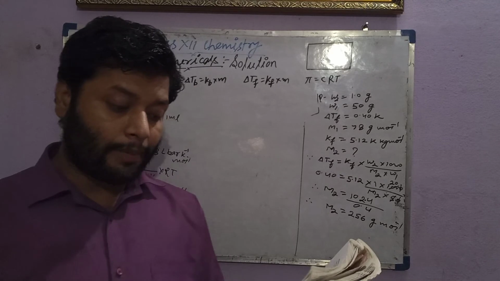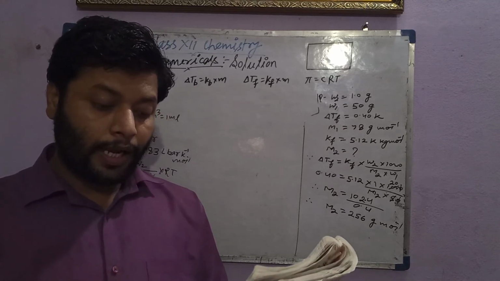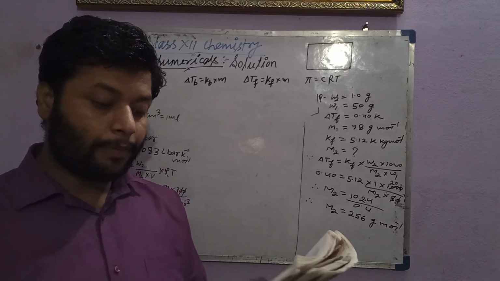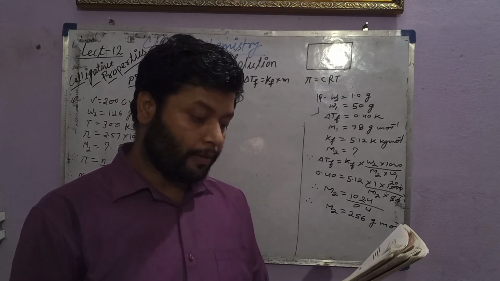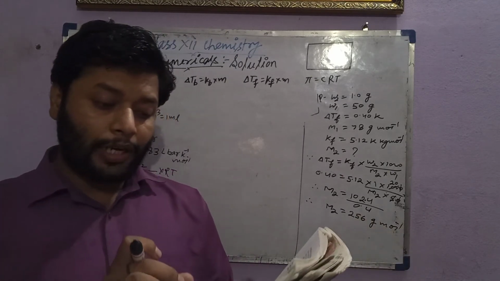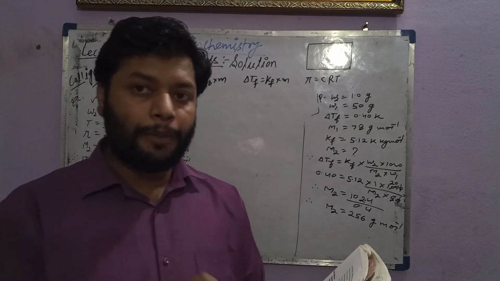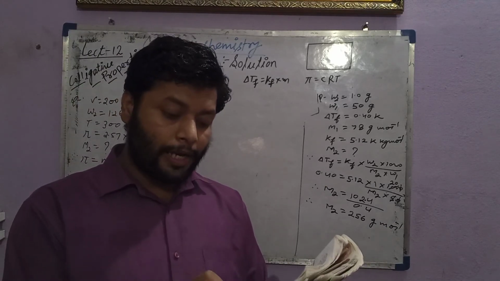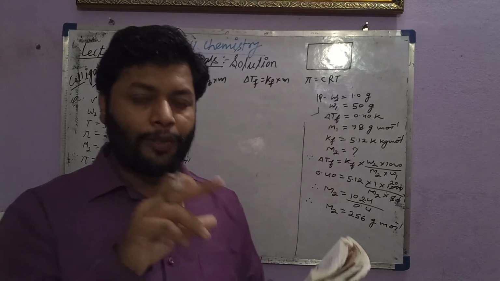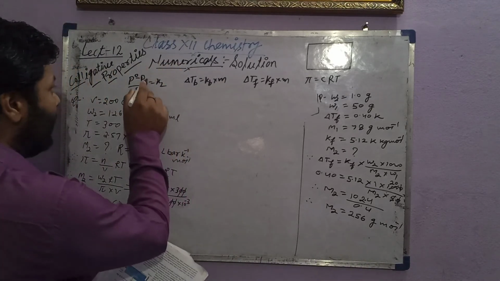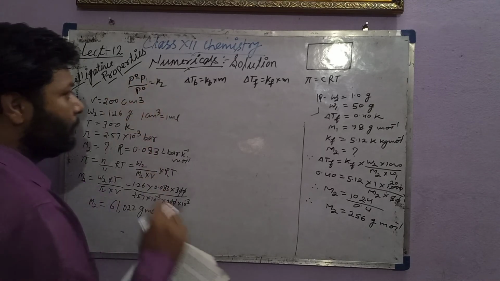Calculate the vapor pressure of the water for this solution and its relative lowering. Actually we have to calculate the value of P, and relative lowering means P naught minus P upon P naught.